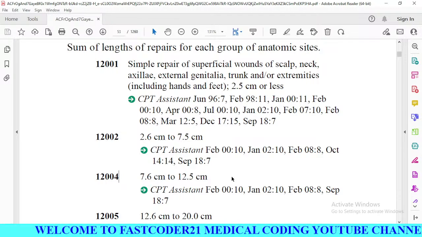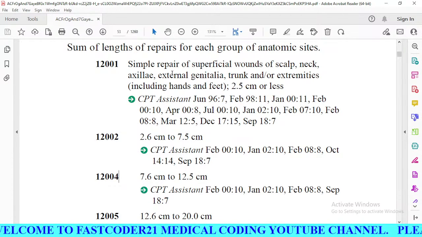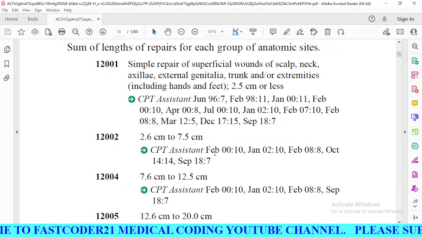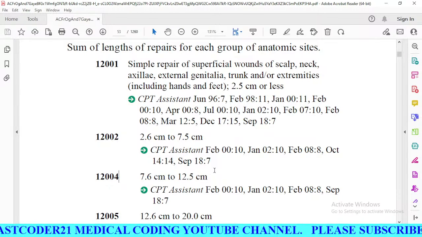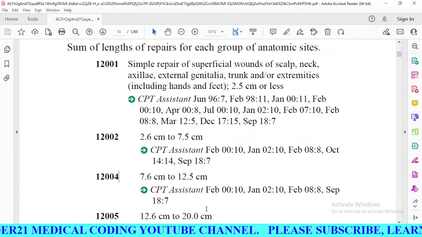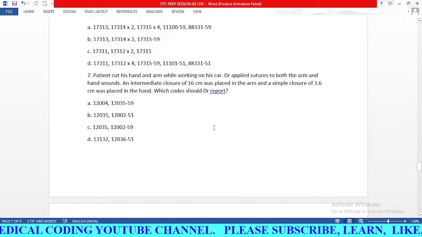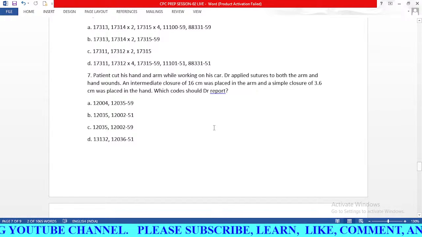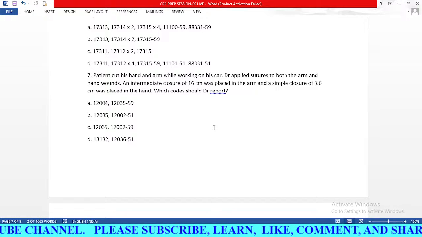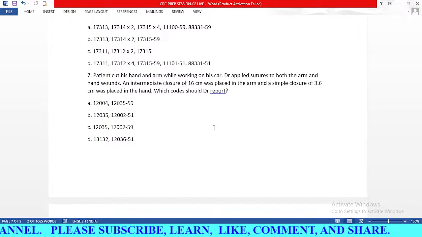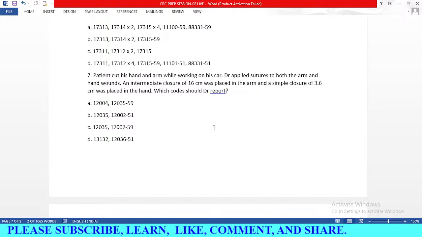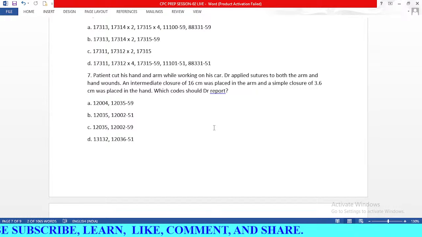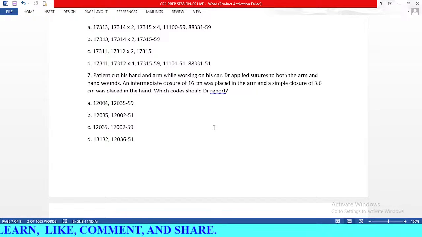Extremity is correct, but you need to check the centimeters also, as you know we code based on centimeters.